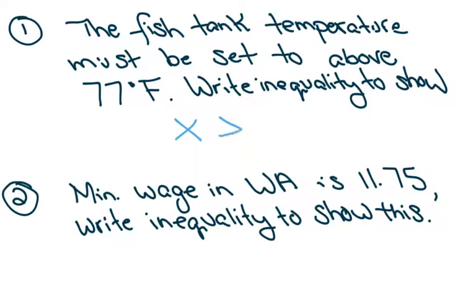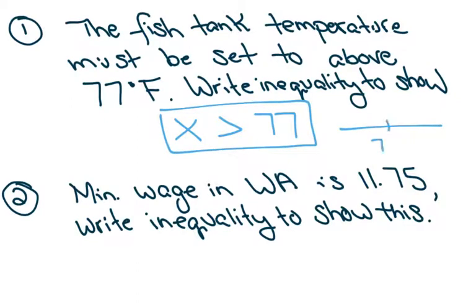It needs to be above, so greater than. It does not tell us it can be 77, so we're skipping the equal to part, and we would put 77. If we had to represent this on a number line, we can put 77 in the center, two above, two below. On there we would have an open circle and numbers above.